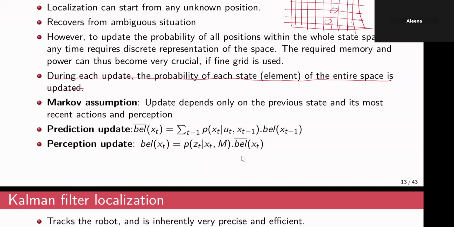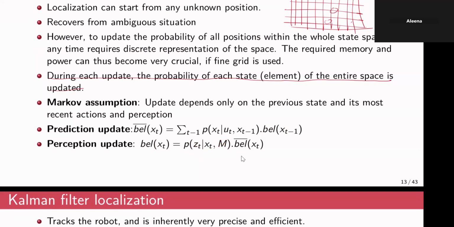And the perception update, the next stage, bel of xt, is nothing but the probability that the sensor is actually seeing exactly what it is seeing at this current position given its map.